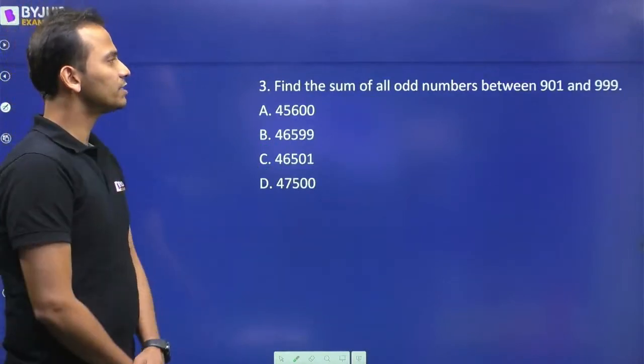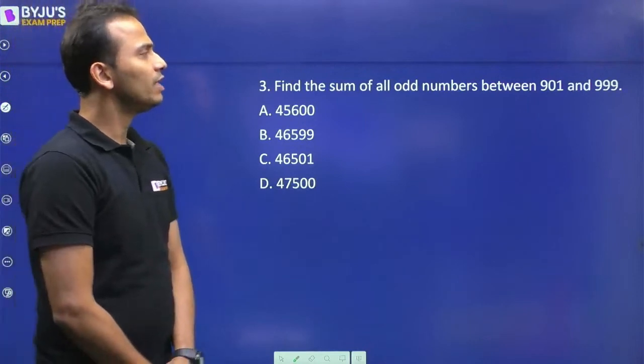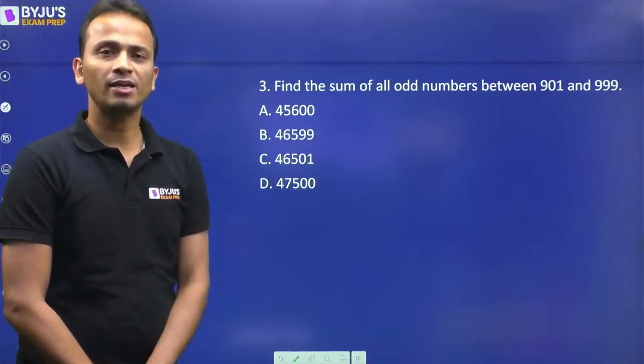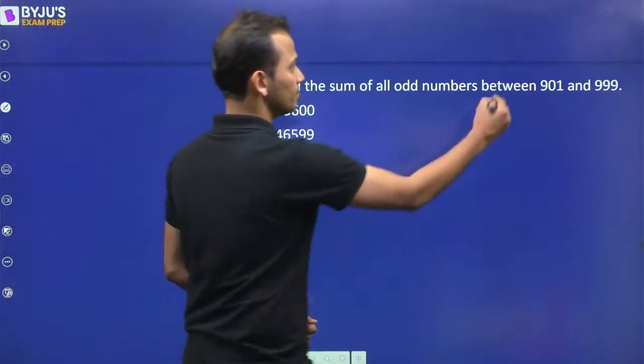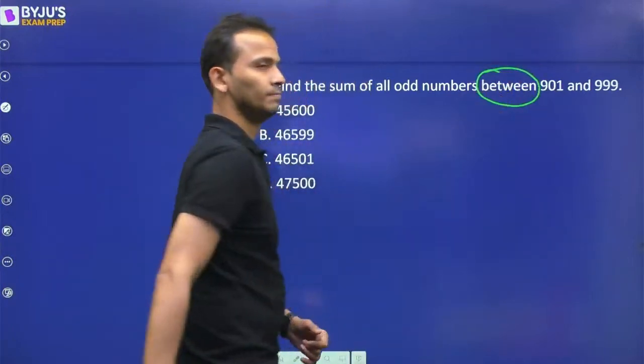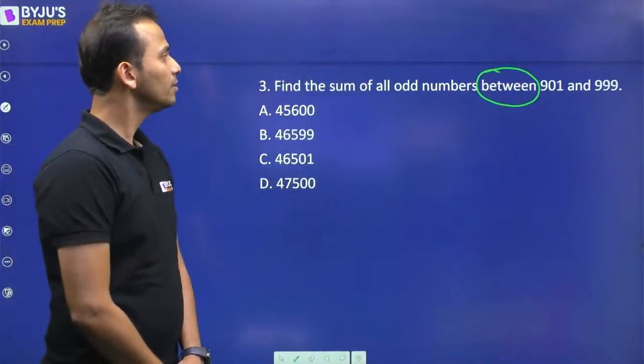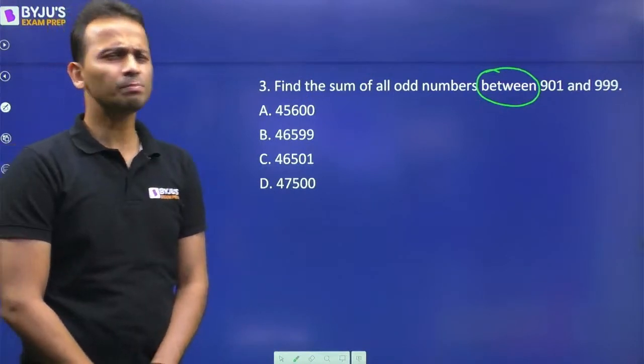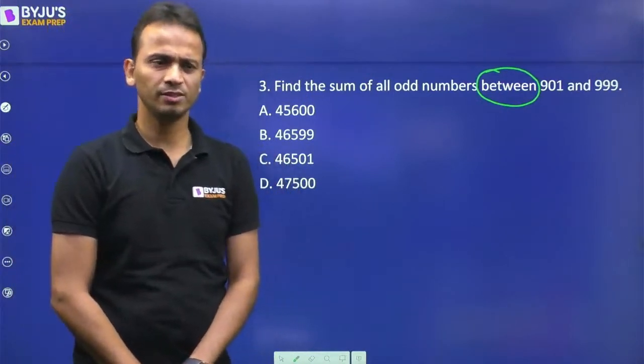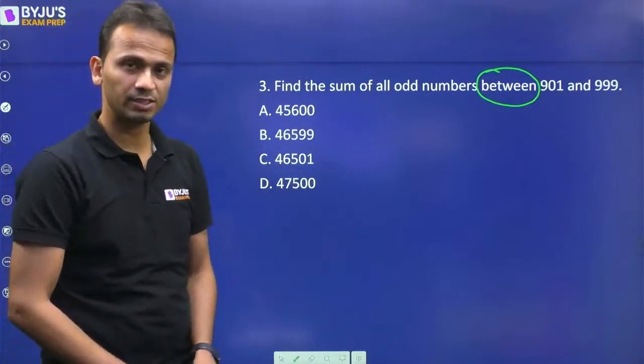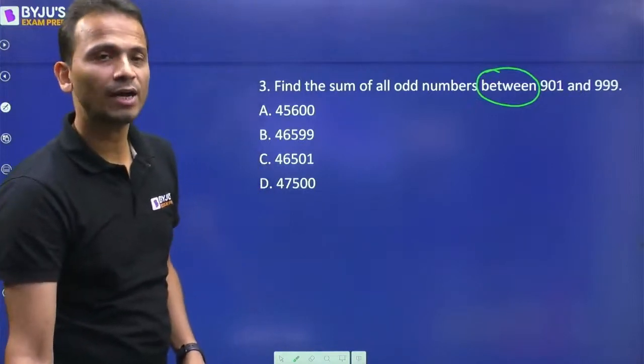The next question, find the sum of all odd numbers between 901 and 999. Careful with this. There are plenty of ways to find out the answer. Let's see which method are you going to use.